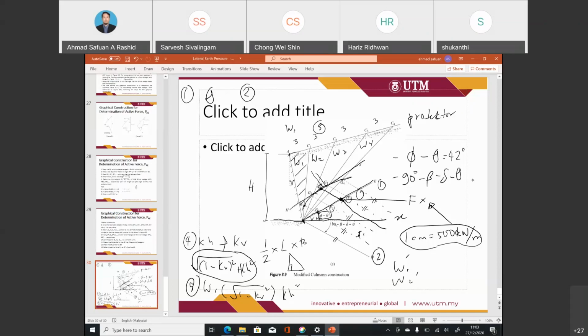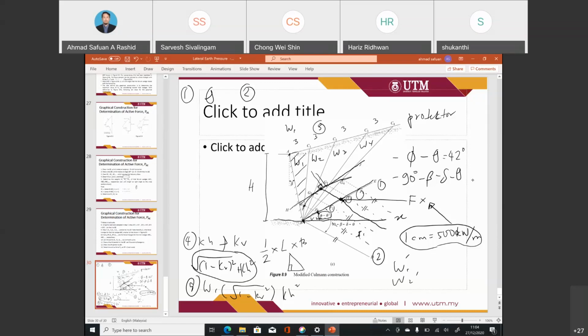For example, B to F1, referring to the width of the W times the square root of (1 minus KV) squared plus KH squared. Then from F1 to F2, another load representing W2 times the coefficients of KH and KV. And then repeat with F3 and F4.